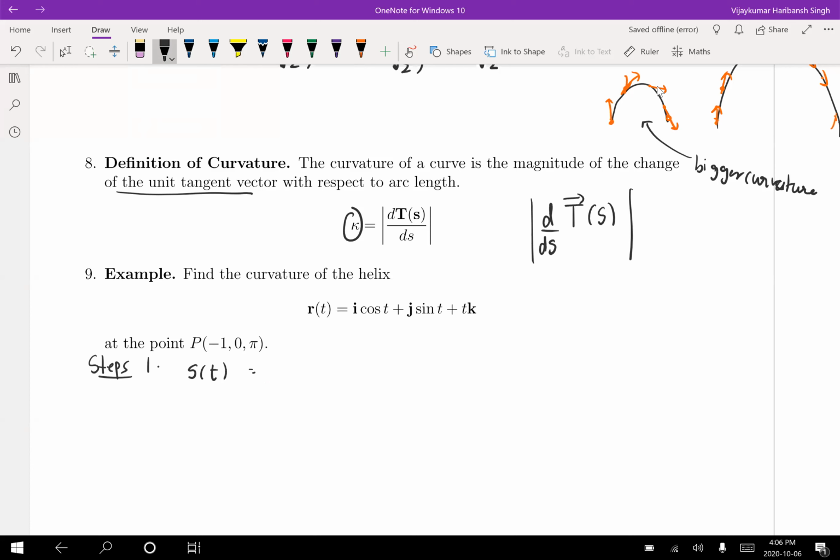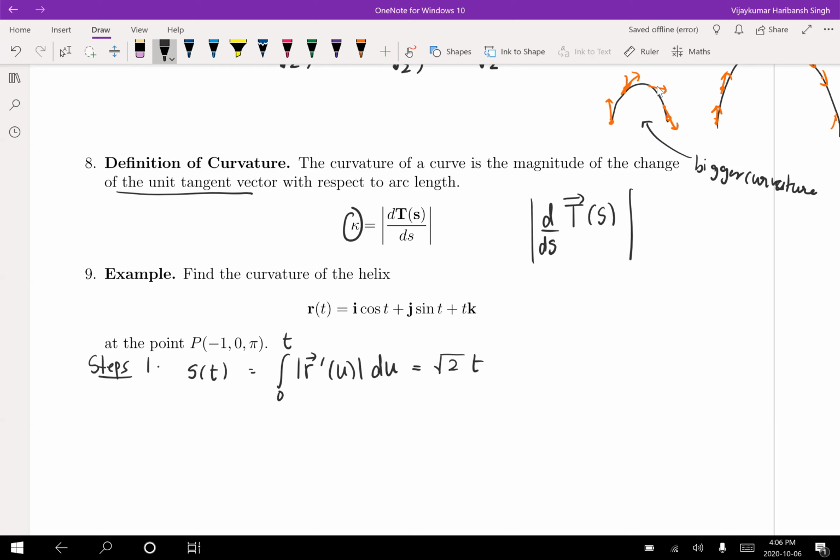So s of t is the integral from 0 to t of the length of r prime u du. We'll not use the same variable there. Which we have already found out to be root 2 times t.